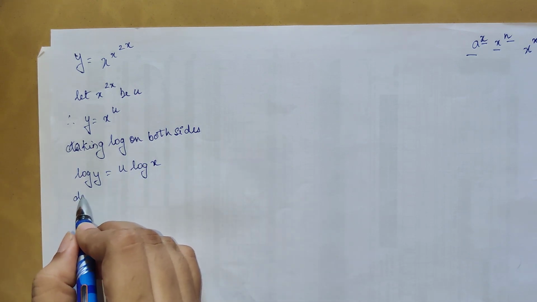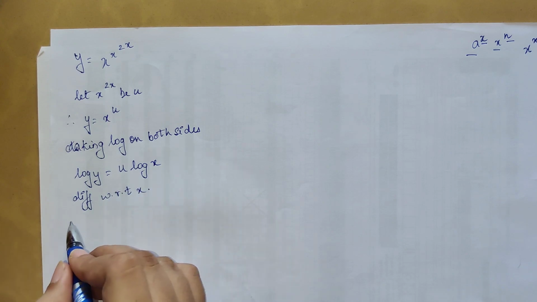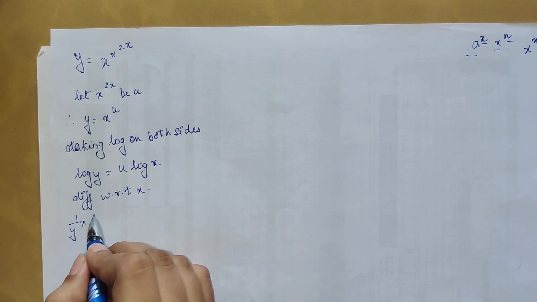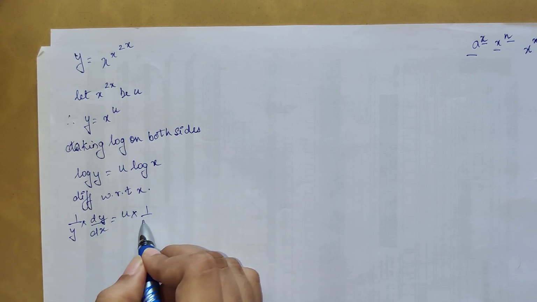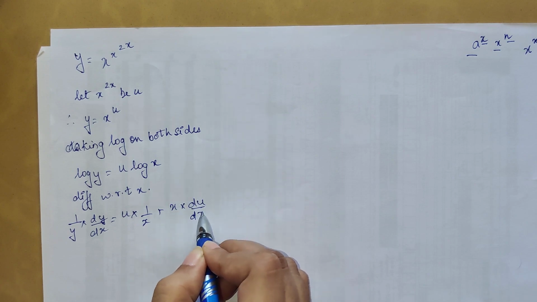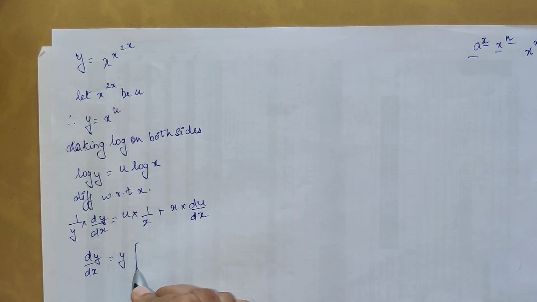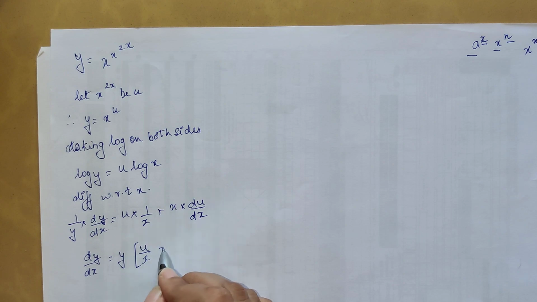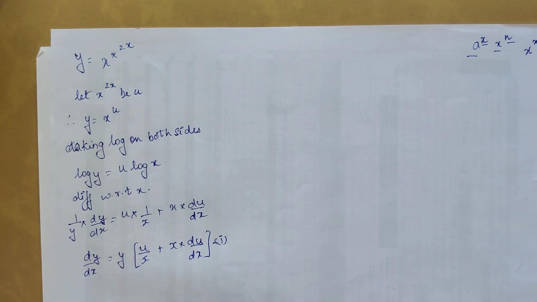So now differentiating with respect to x, we get 1 upon y into dy by dx is equal to u into 1 upon x plus x into du by dx. So your actual dy by dx is equal to y into u upon x plus x into du by dx. Now this is your first equation.